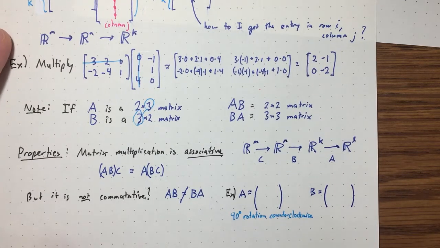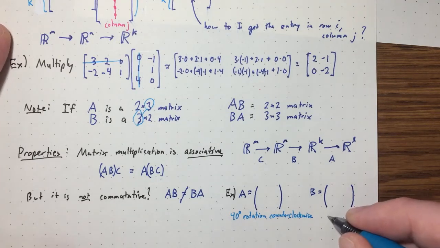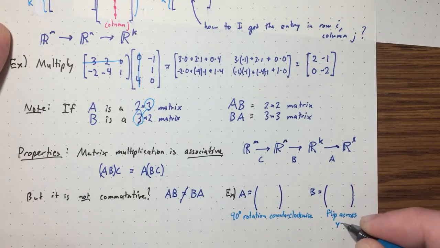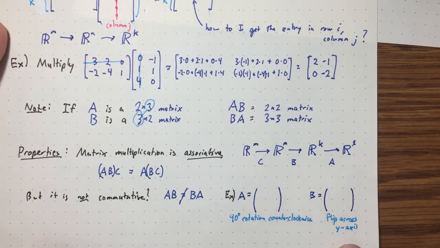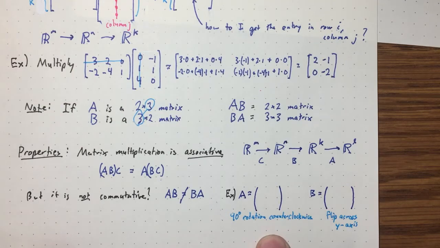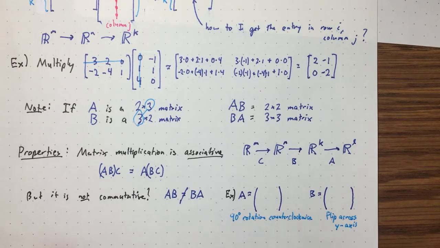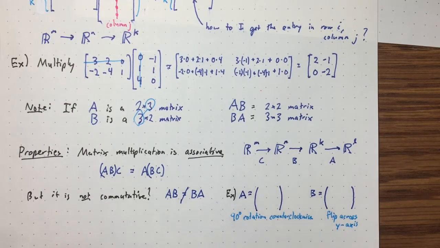So I don't want to do another rotation for B because it won't really matter what order you do those in. I want to do something different. I want to do a flip across the y-axis for B. And hopefully, if we do the rotation then the flip, that'll be different than the flip and then the rotation. You might not be buying that, but let's first write down the matrices.